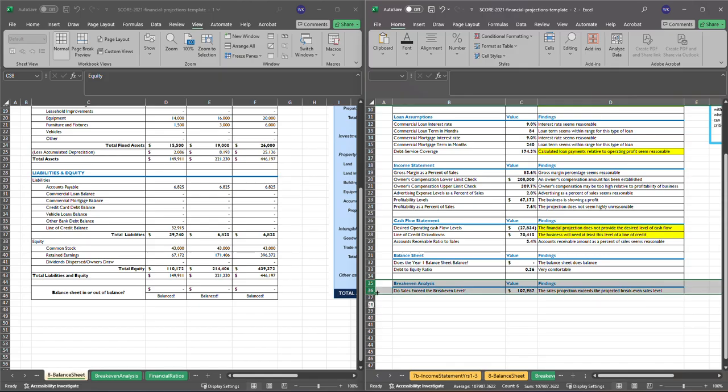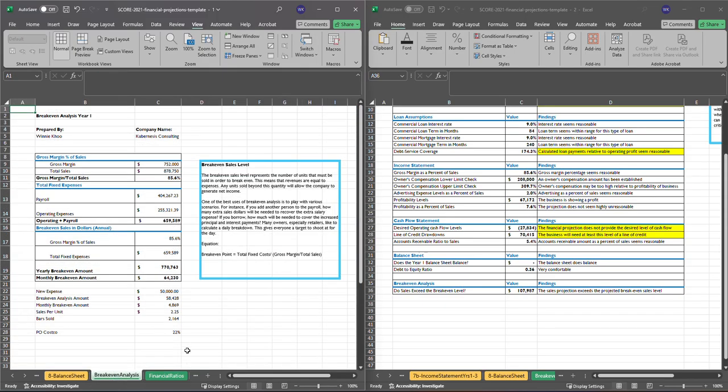And then last but not least, the break-even analysis. Do sales exceed the break-even level? We talked about this at the break-even analysis tab as well. So if it is greater than 0, then obviously anything over your break-even amount means that the sales projection exceeds the projected break-even sales level, which mine exceeds by about 100K.